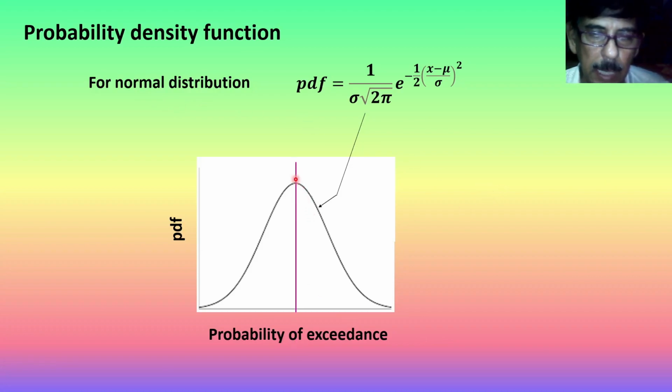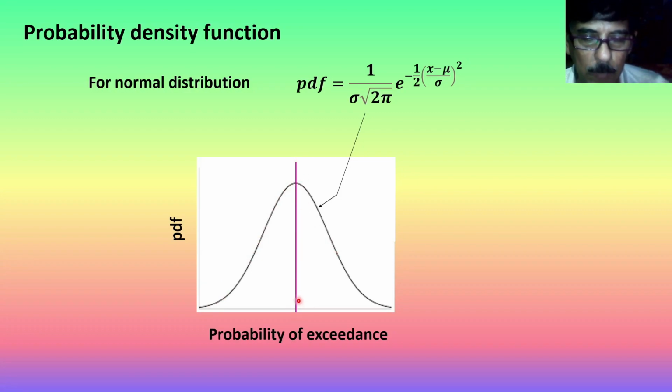If you take the middle line, then whatever strength corresponds to this line is called the mean strength. You have to remember that in the probability curve there is no strength value available. It is only showing different levels of probability of exceedance of strength. So if it is 50% probability of exceedance, that is, 50% of results will be higher and 50% of results will be lower on the left hand side, then that strength will be called the mean strength.